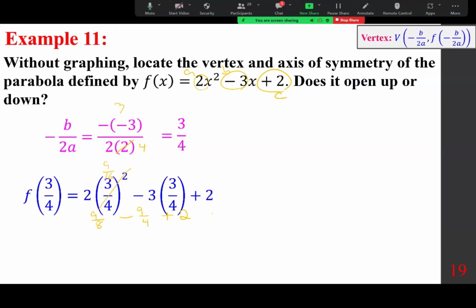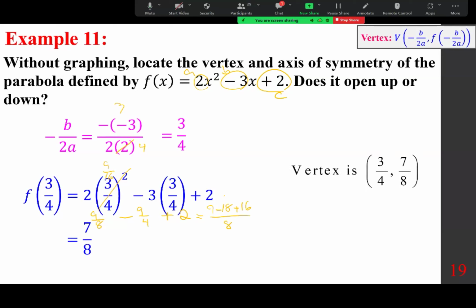And as you can see, the common denominator is 8. Minus 9 over 4 becomes 18 over 8, plus 16. And the numerator adds up to 7. So the answer is 7 over 8.